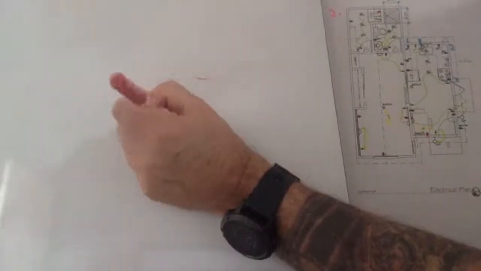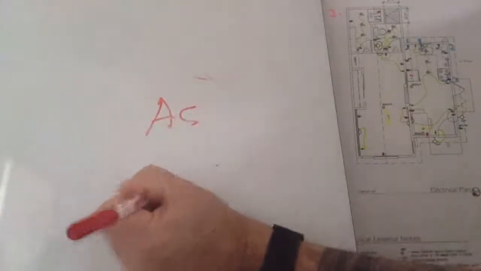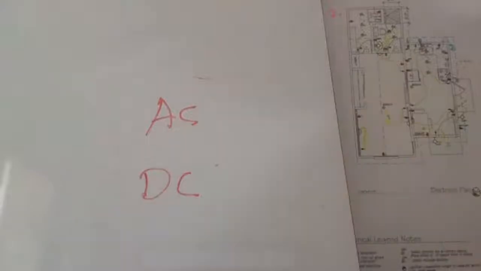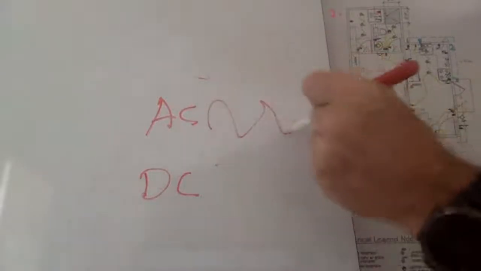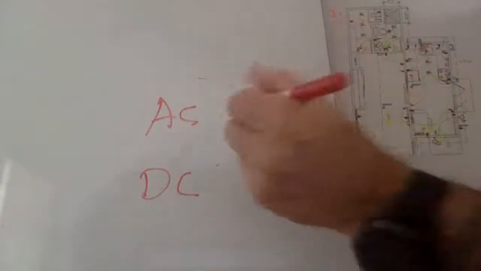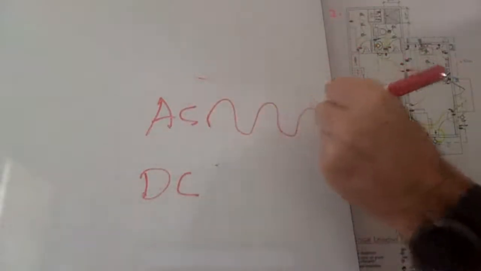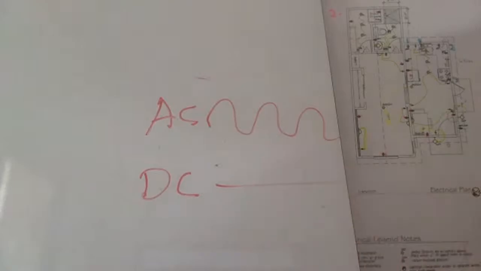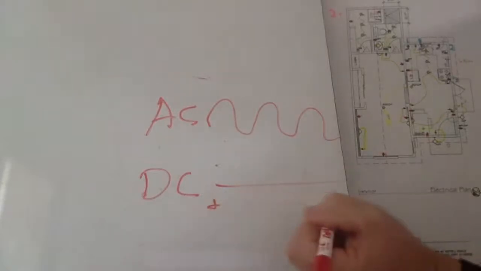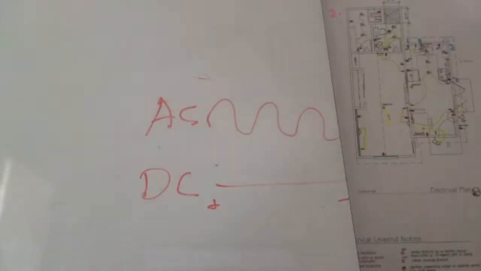Now, why do we use AC in homes versus DC? What is AC? AC is alternating current. DC is a direct line, positive to negative.